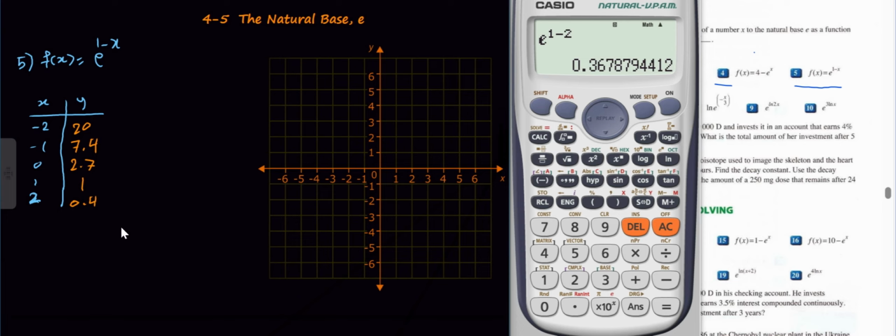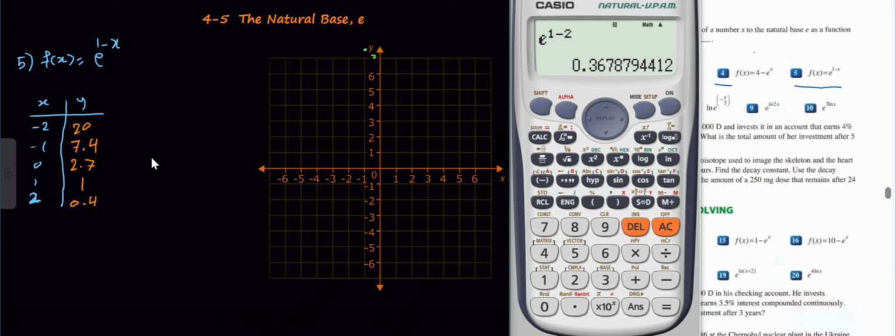Let's plot these points on the coordinate plane. We have negative 2 with 20. This point, 20 is too much, so we don't need to do this one. We can skip this one. So move to the second one. We have negative 1 with 7.4, nearly it will be here.